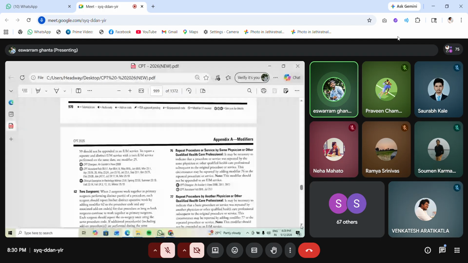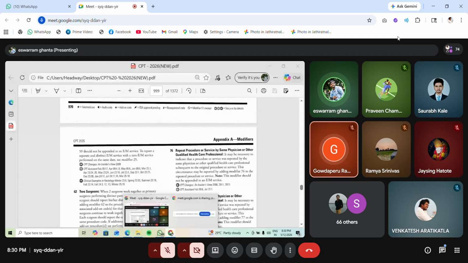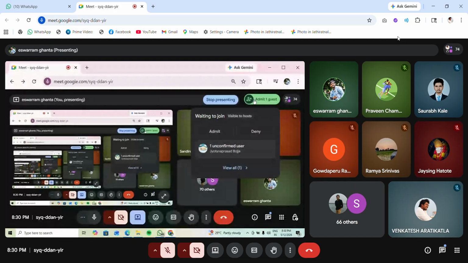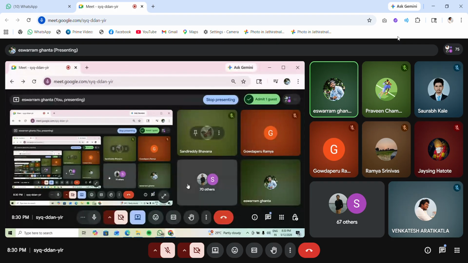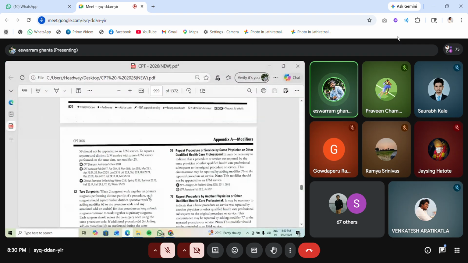Can I tell you one example? Okay, let us start with one example first. Suppose a patient went to the hospital due to an accident on the road or any place.